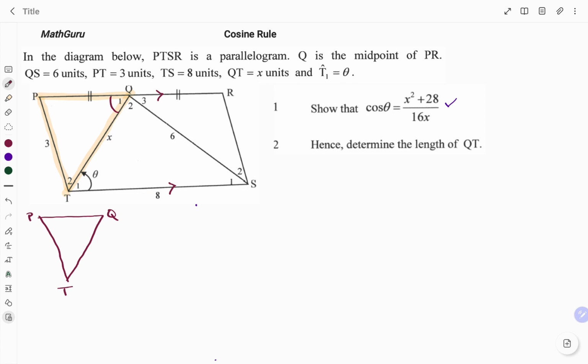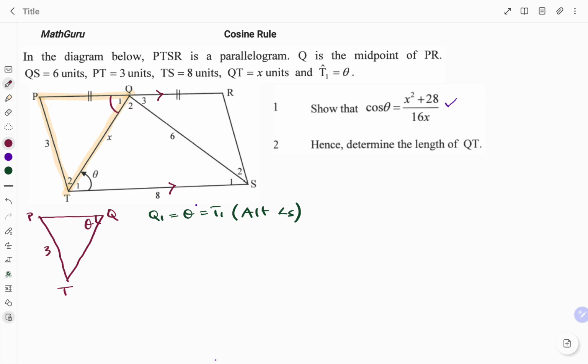I'm going to state that angle Q1 is equal to angle theta, or T1, and the reason being they are alternate angles because the line PR and TS are parallel. So what that means is the angle at Q here is also theta.